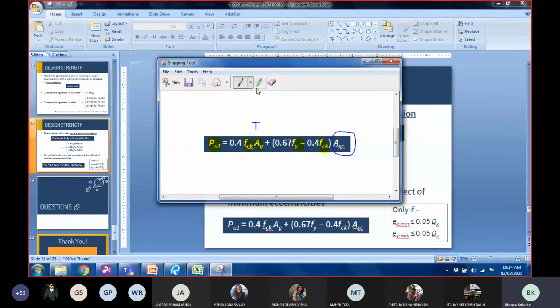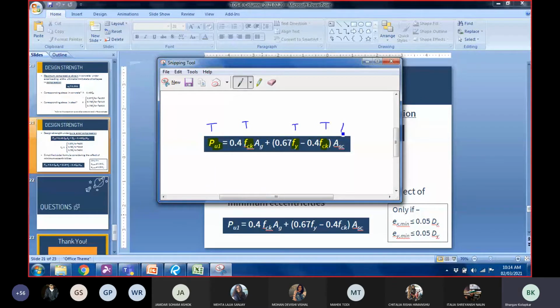I'll just repeat this one more time to ensure that there's no confusion. We have a true value for FCK, a true value for PU1, and so on. I'll just write this as T, T, T, and T.